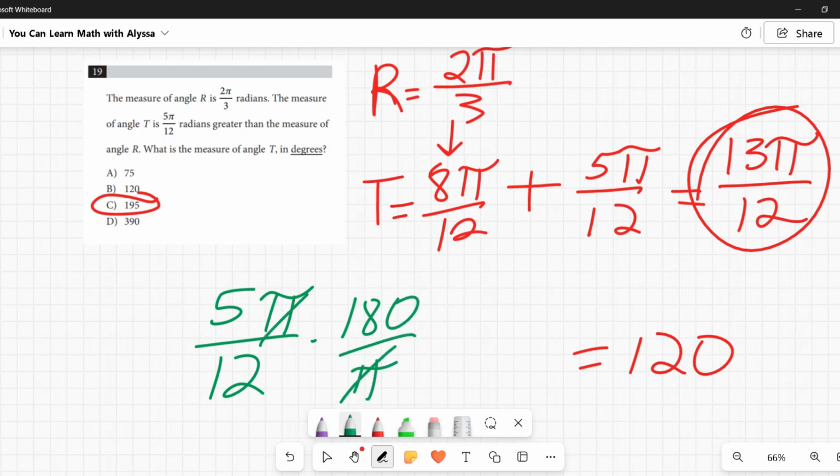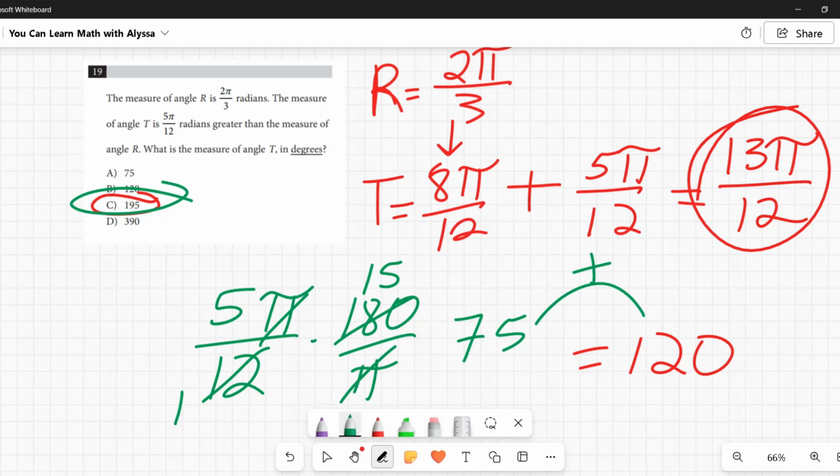Pi's cancel out. 12 and 180: it goes in there 15 times. So that's 15. Then 15 times 5 is 75. And what is 75 plus 120? 195. Ding, ding, ding. So there's multiple ways you can do it. Do what's fastest. Do what's most comfortable. Do what you understand.